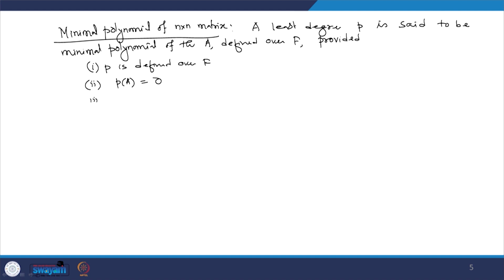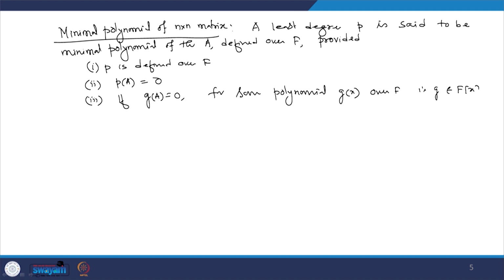Third, if G is another polynomial, if G of A equal to 0 for some polynomial G(x) over F, that is G belongs to F[x] basically, then P must divide G please.